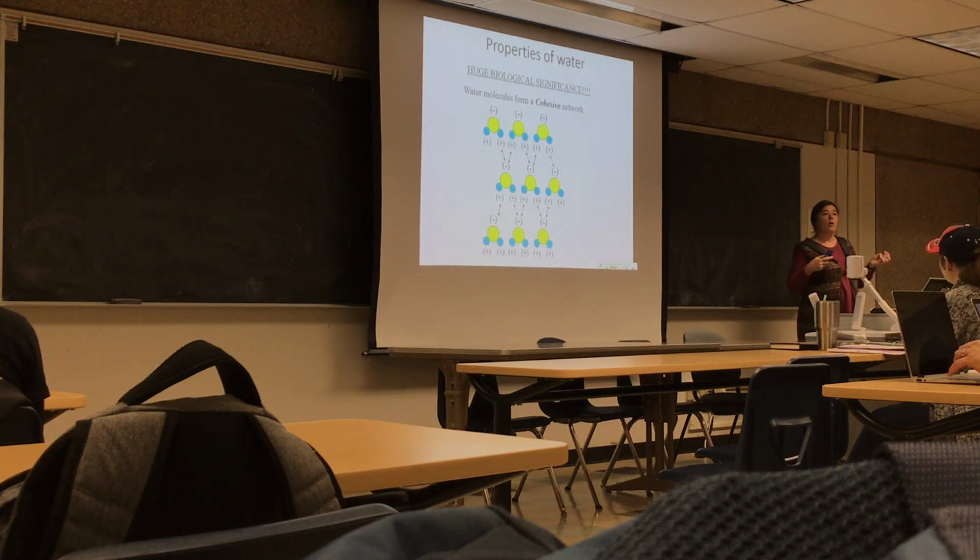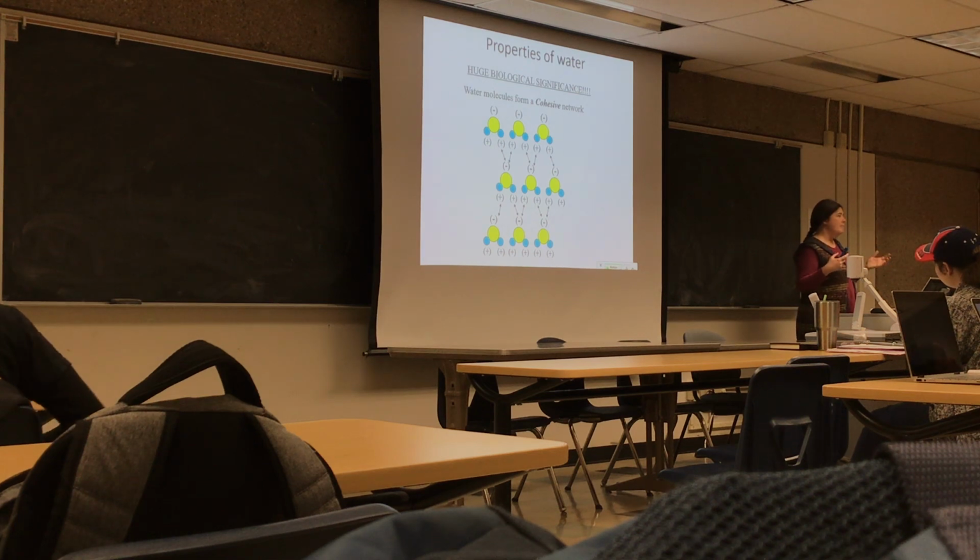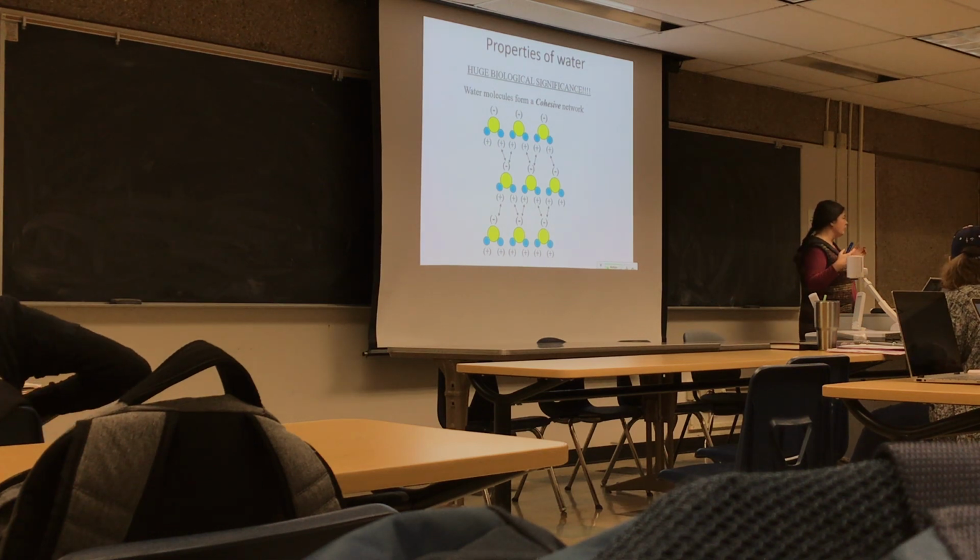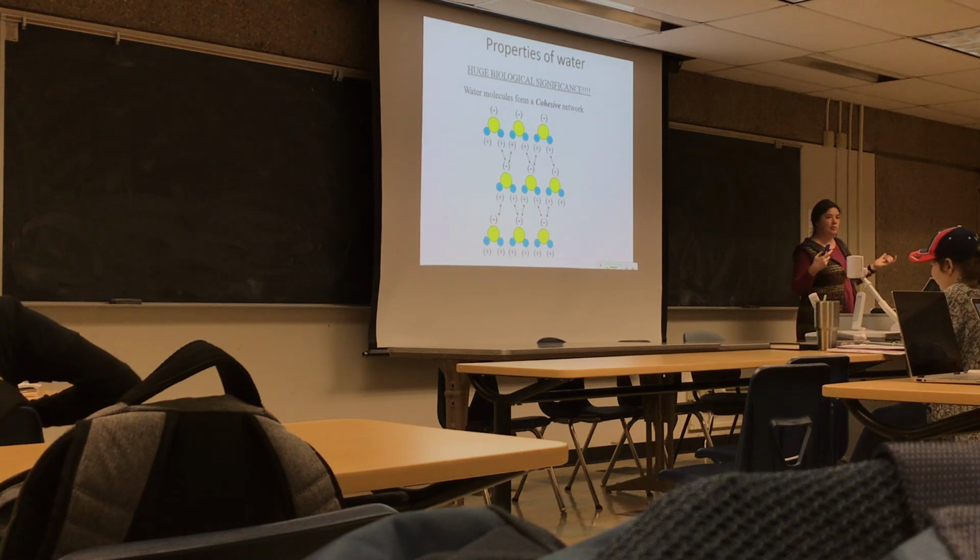This is why water is liquid at room temperature. If you look at other very small molecules, like say carbon dioxide, which is a carbon and 2 oxygens, right? Carbon dioxide at room temperature is a gas. Many other molecules that only have a few atoms in them that are really small like that. Nitrogen is a gas. Oxygen is a gas.